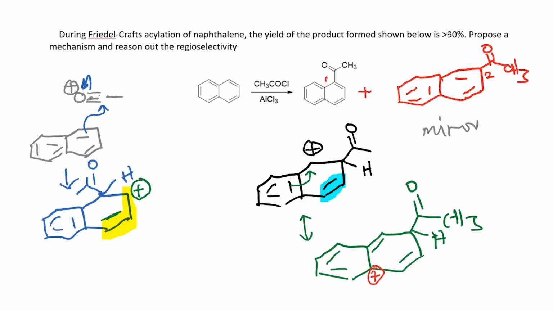Okay, so this intermediate over here is more stable, and what we know from electrophilic aromatic substitution is that the stability of the intermediate contributes to the stability of the transition state that leads to its formation, and that becomes more stable, and therefore the rate of reaction goes up. So this helps us explain why this compound is the major product.